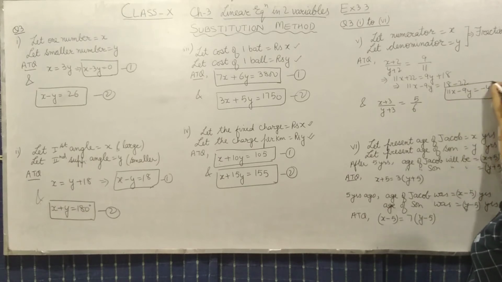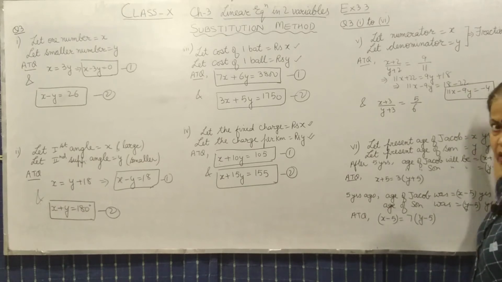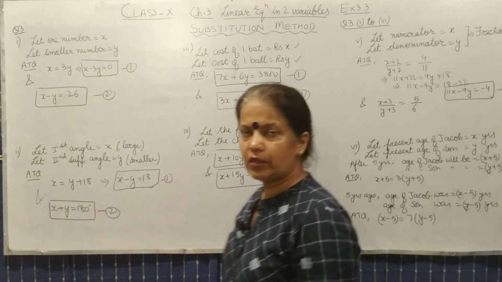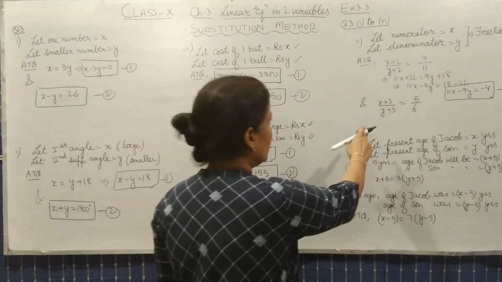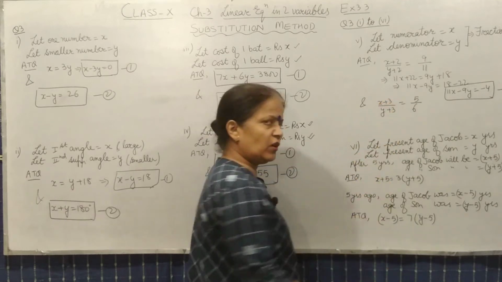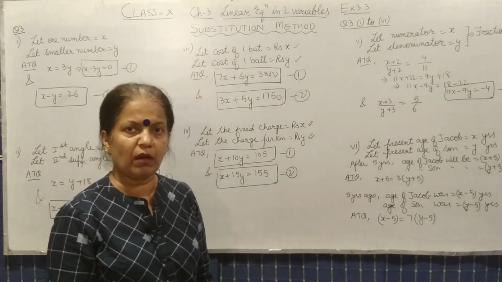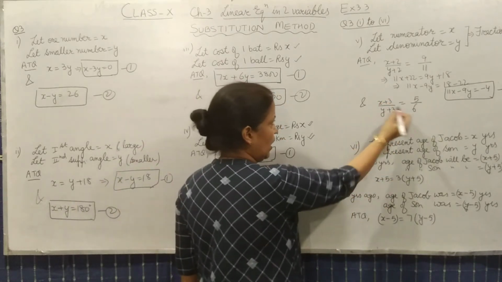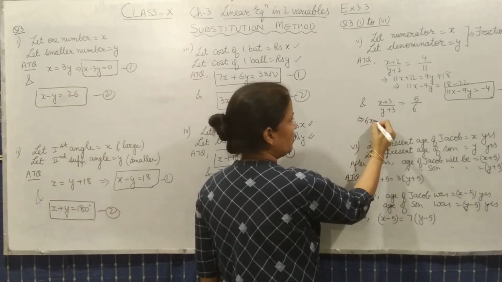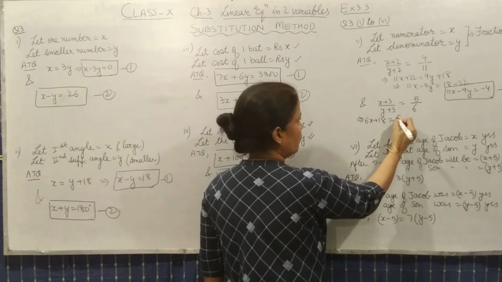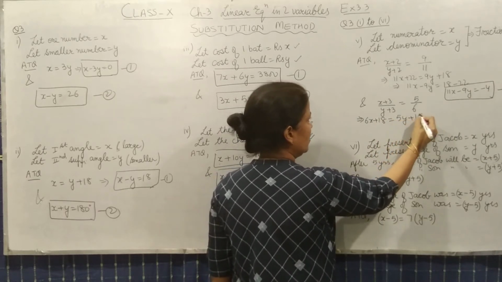So this will become your first equation. Got it? Second equation: if 3 is added to both, then the fraction will become 5 by 6. Again, cross multiply: 6x plus 18 equals 5y plus 15.